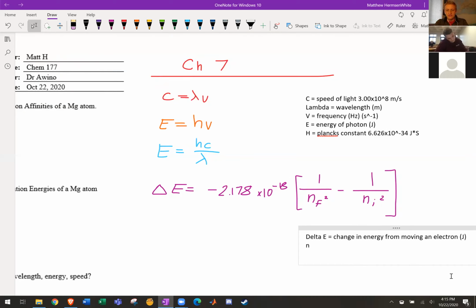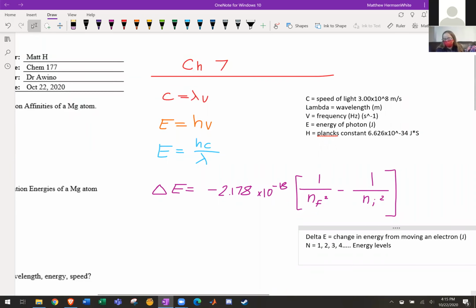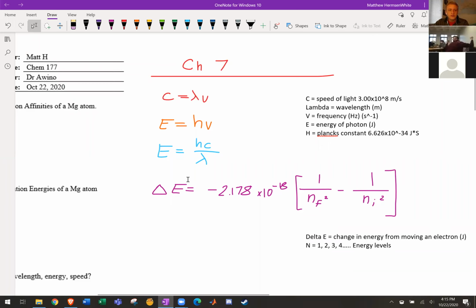And then the n's are just like 1, 2, 3, 4, and so on. These are the energy levels. So if you're given a problem like this, it's literally going to say, you know, an electron moves from level n equals 1 to level n equals 3. And then you just plug it in there and put it in your calculator.